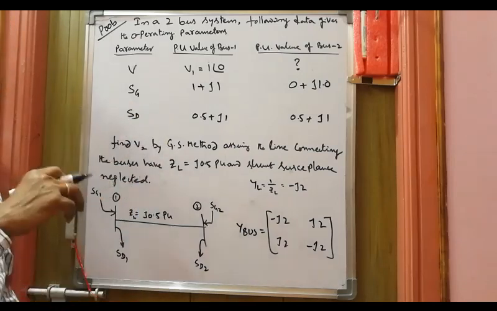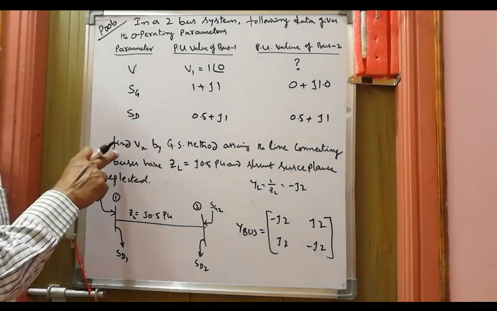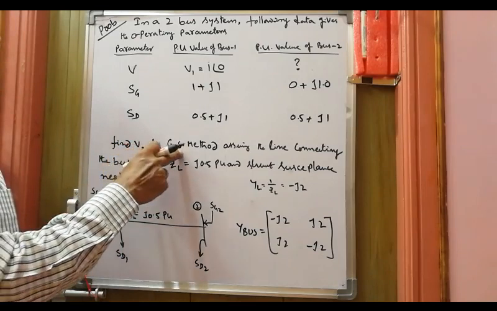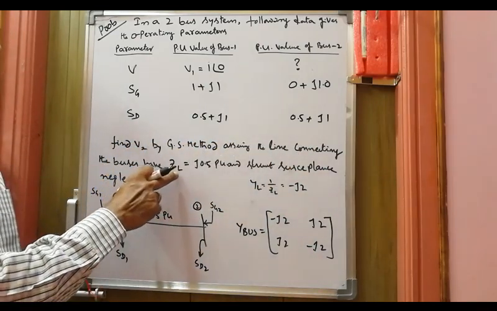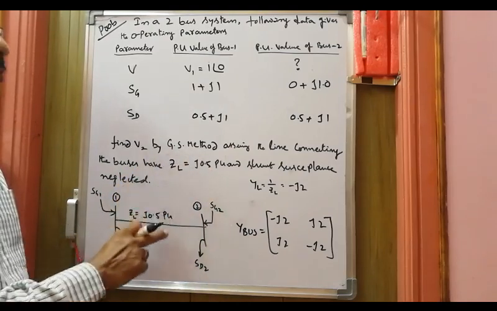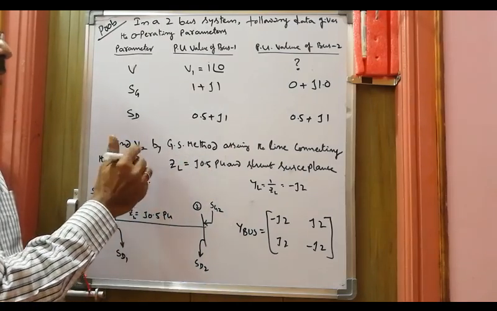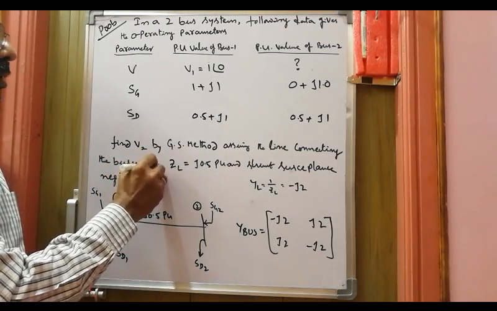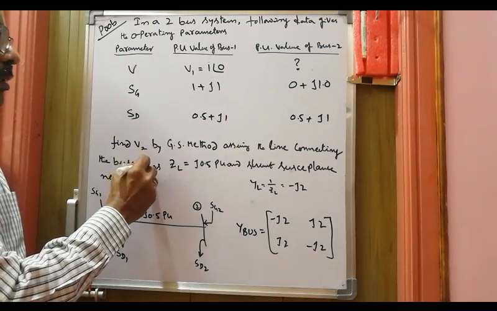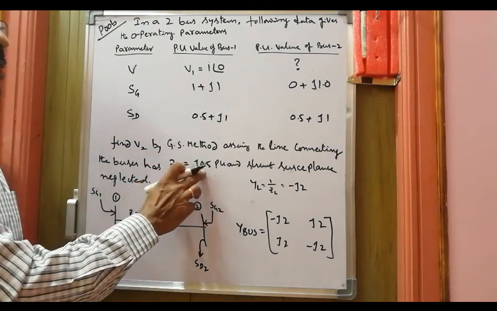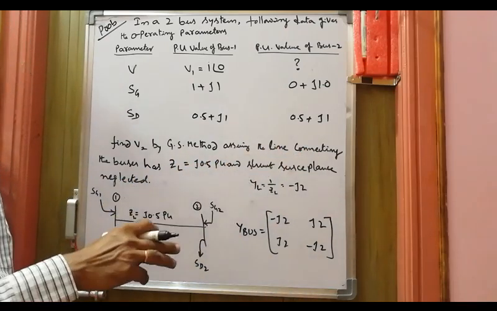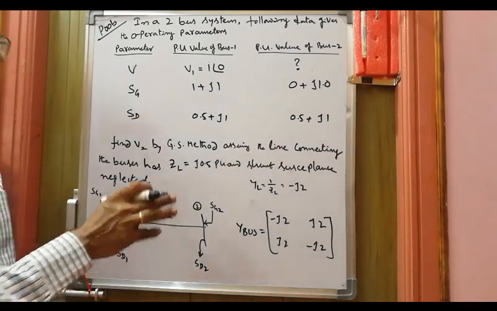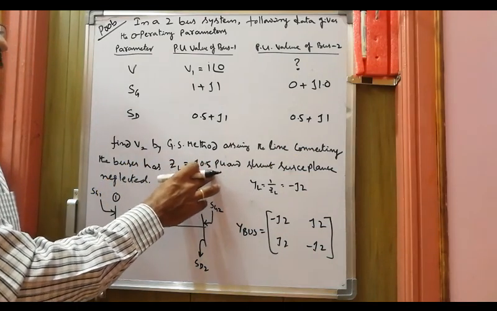Find V2 by Gauss-Seidel method, assuming the line connecting the buses has ZL of j0.5. So the line impedance is 0.5 per unit, and shunt susceptance is neglected. Only impedance is given.